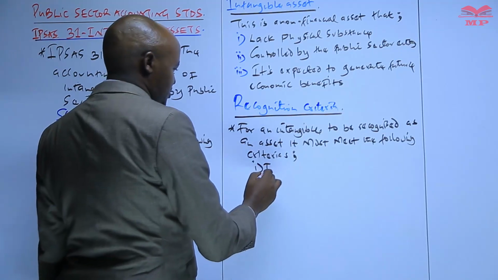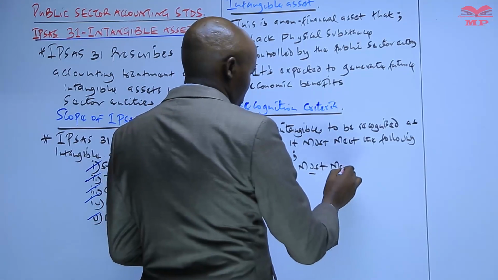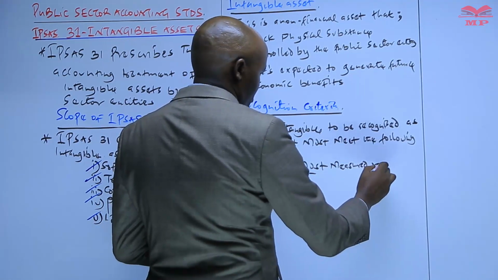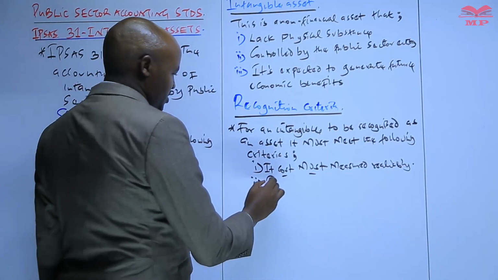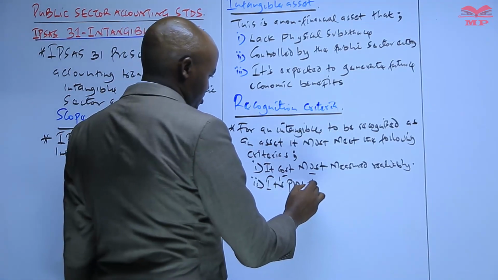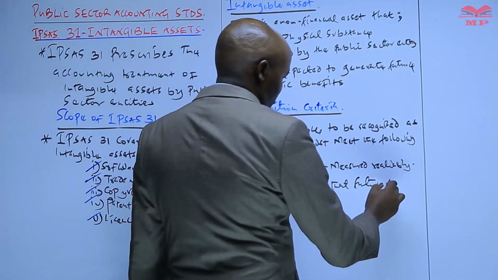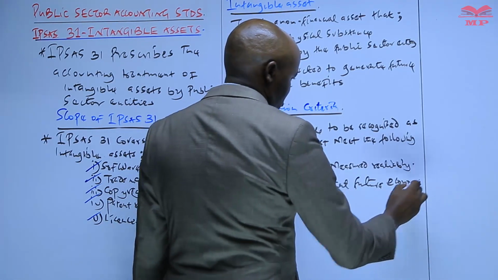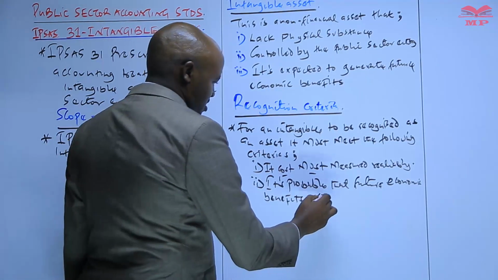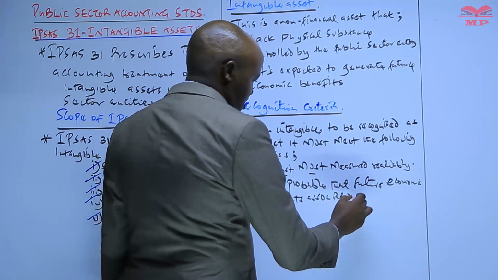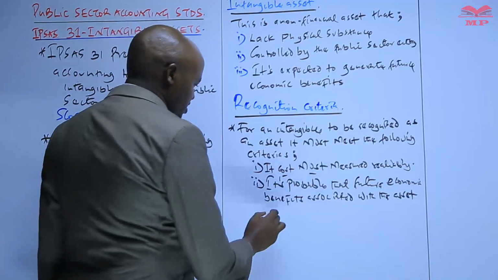Number one, its cost must be measured reliably. And number two, it is probable that future economic benefits associated with the asset will flow into the entity.